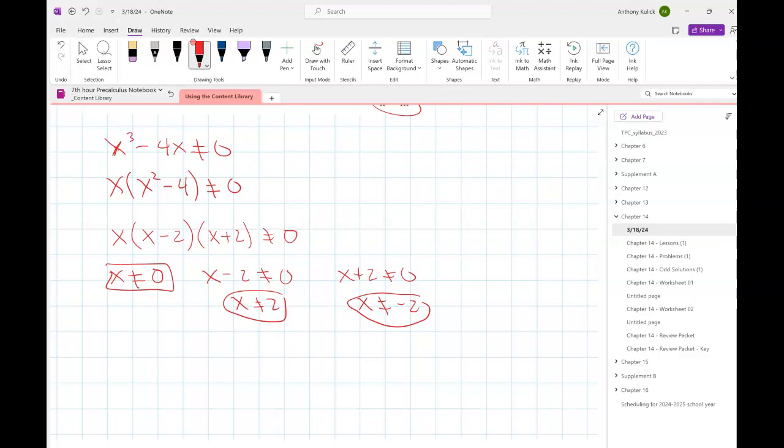So I want to write this now in interval notation. So I'll go negative infinity to which number? Negative 2.